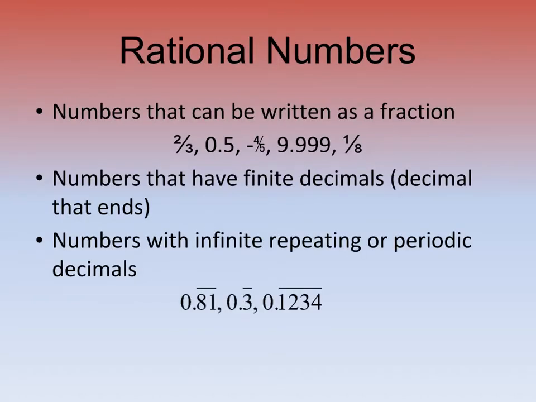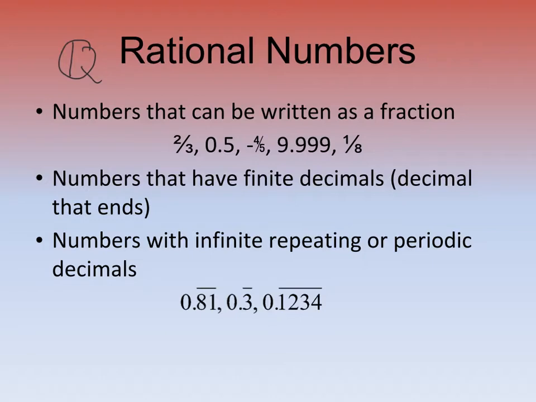Rational numbers. What is a rational number? A rational number, first of all, is represented with a Q, the Q that you see at the top left that I just drew. A rational number is any number that can be represented as a fraction.